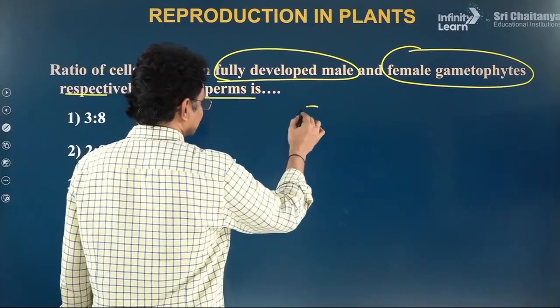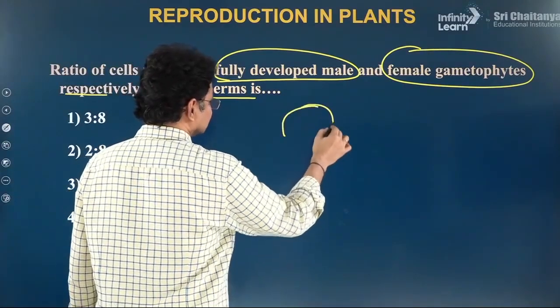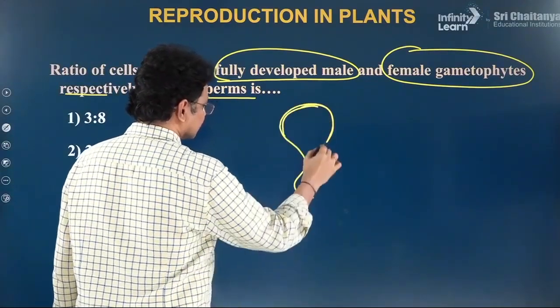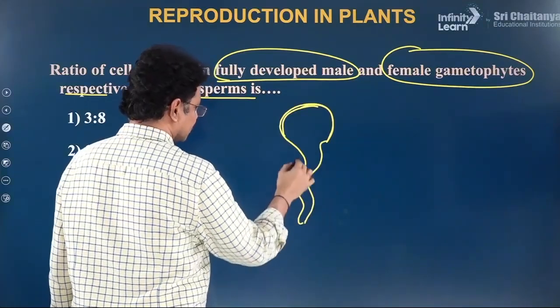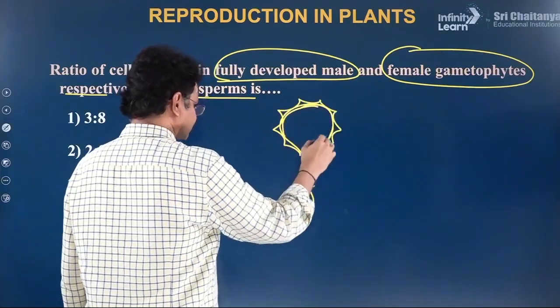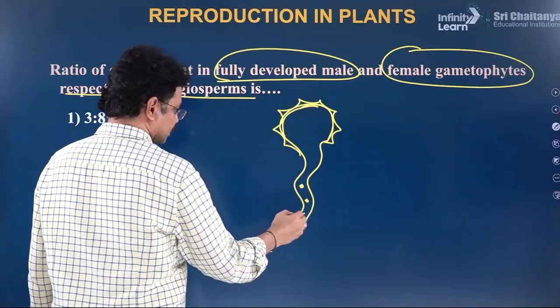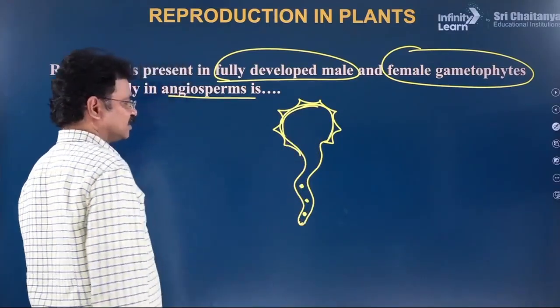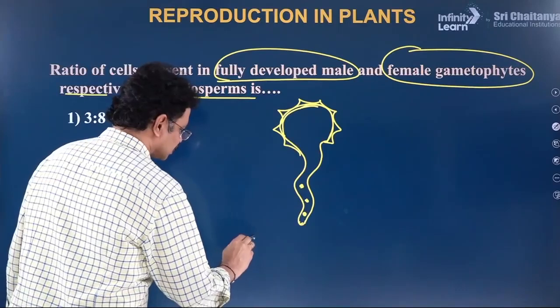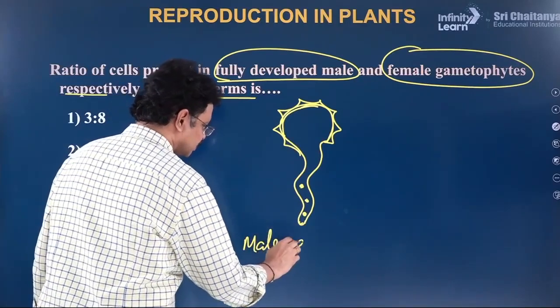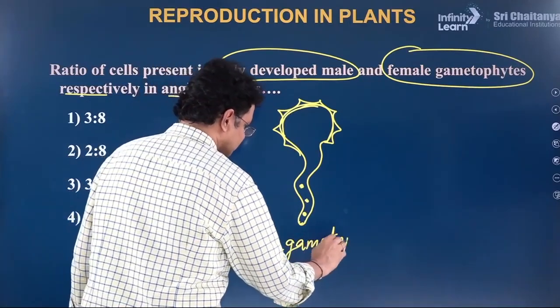I will draw a diagram. Guess what is the name of this diagram? Germinating pollen grain or germinated pollen grain, nothing but a fully developed mature male gametophyte.